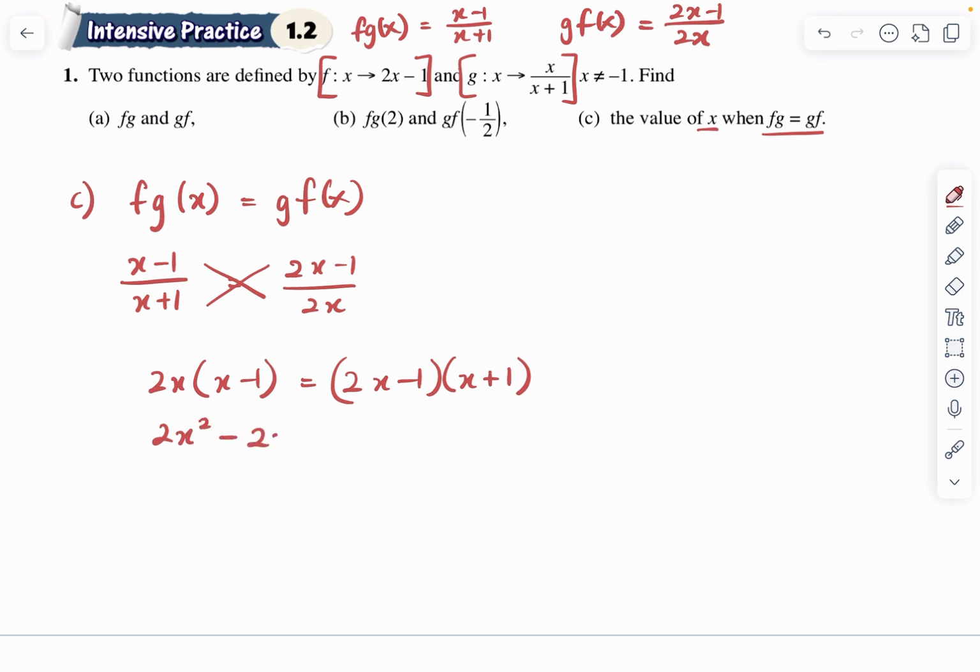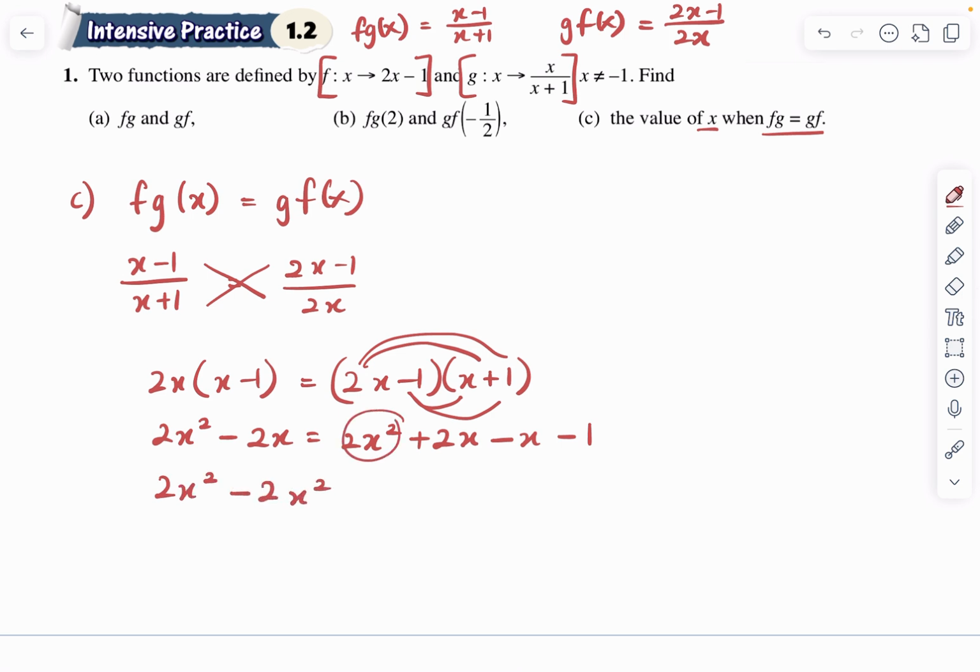Expanding this, 2x times x is 2x square, 2x times 1 is plus 2x minus x minus 1. So then we can simplify this. 2x square minus 2x square cancels off. This 2x we bring over to that side, minus 2x, and the x we bring there becomes plus x. Negative 1 we can leave it here, no need to bring.